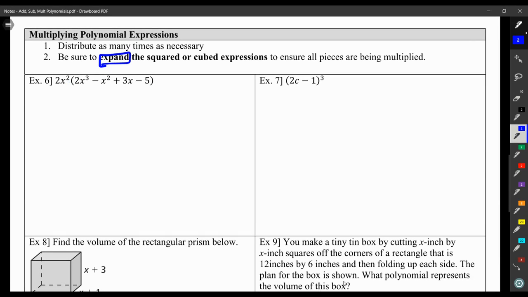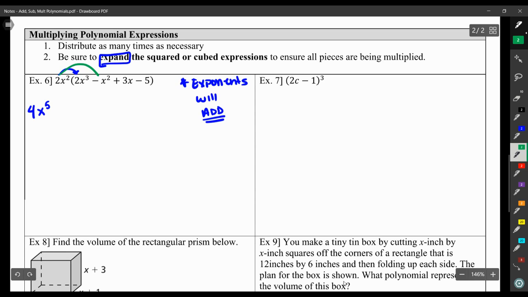So simply distribute. And remember, when you distribute, the exponents of like bases will add. When you multiply, exponents will add together. So 2x squared times 2x to the third, the coefficients, 2 times 2 makes 4. X squared times x to the third makes x to the fifth.